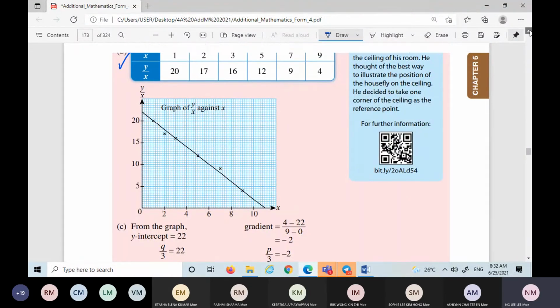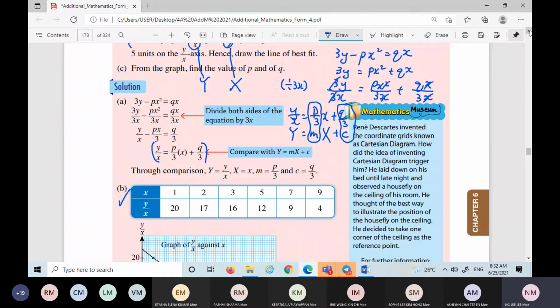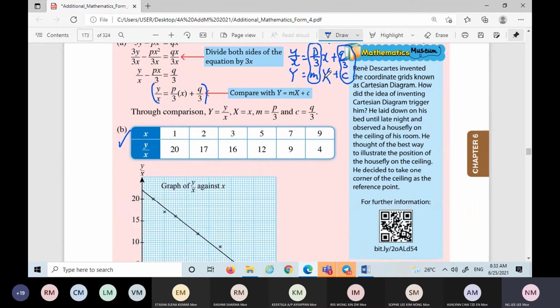Now we go to part C. From the graph, find the value of P and of Q. Where is the P and where is the Q? Now we have to see it like this. This is what I always mentioned just now when I did example 1 and 2: the gradient and the y-intercept.